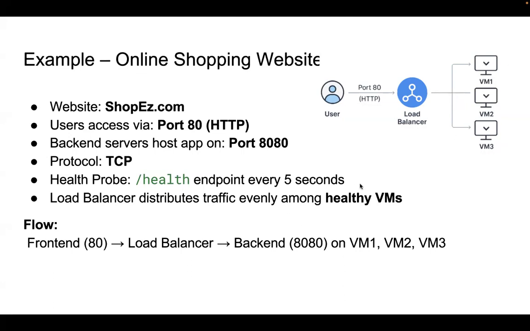The same way, slash health is used for checking the health of the endpoints, and the load balancer distributes the traffic evenly among healthy VMs. The flow starts at the front end port, goes to the load balancer, and goes to the back end ports on VM1, VM2, VM3 on port 8080.